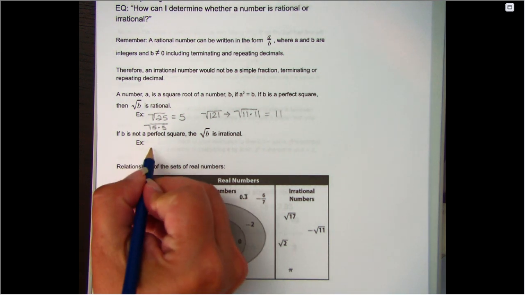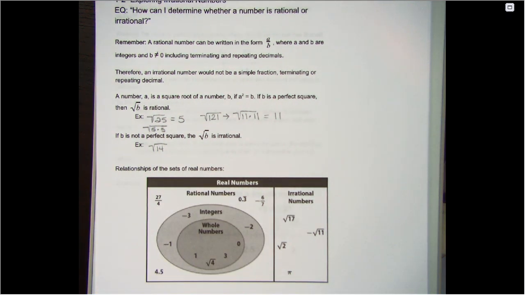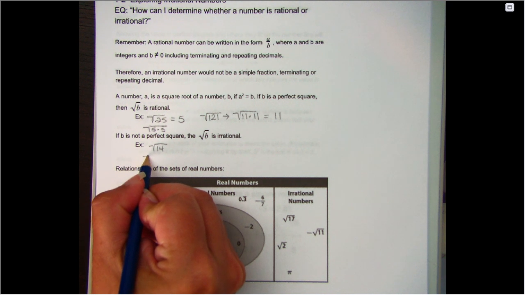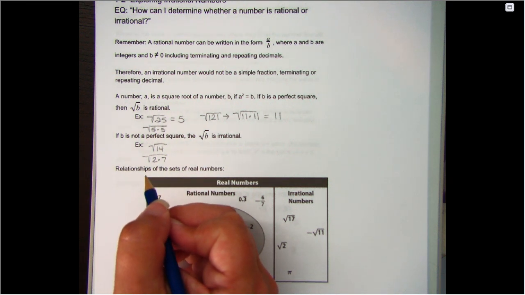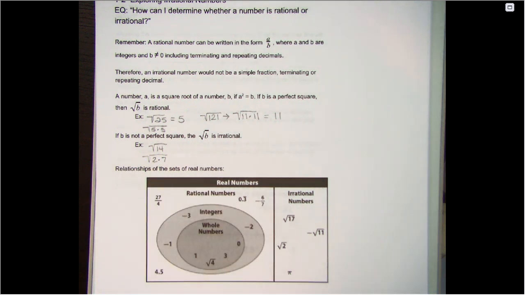So let's think of something like just the square root of 14. Simple number. But 14 is 2 times 7. Those are its factors. They don't match. It's not perfect. Therefore, it is irrational.